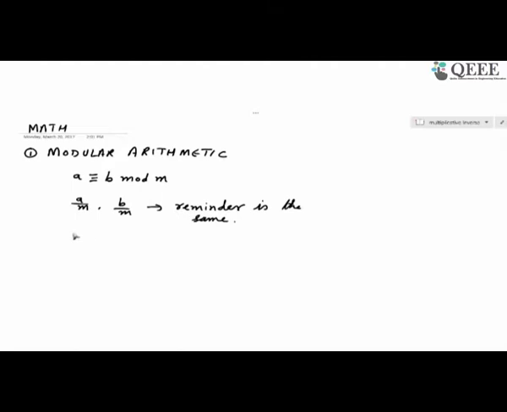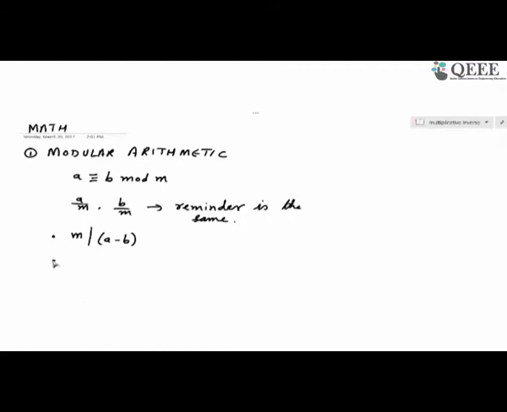We also denoted various other aspects of this. For example, since A is congruent to B mod M, M divides A minus B. What we mean is that if you subtract A minus B, it will be perfectly divisible by M, and in such a case it will have a remainder 0.